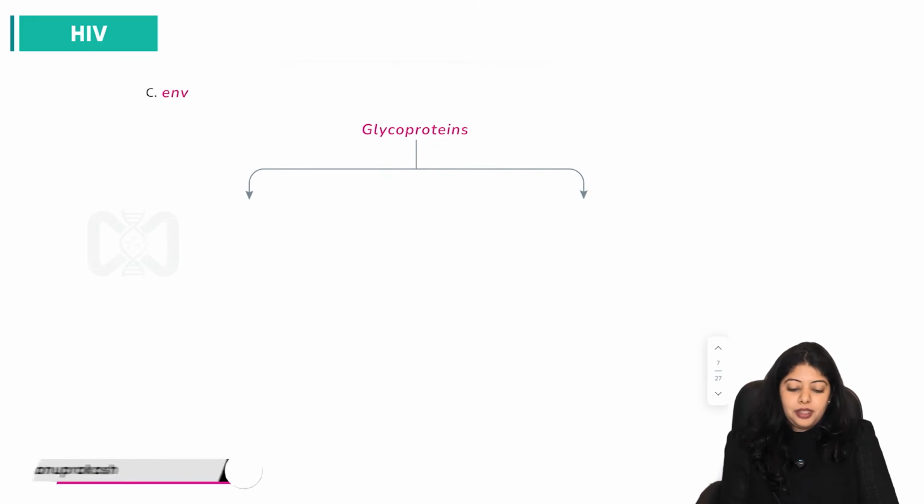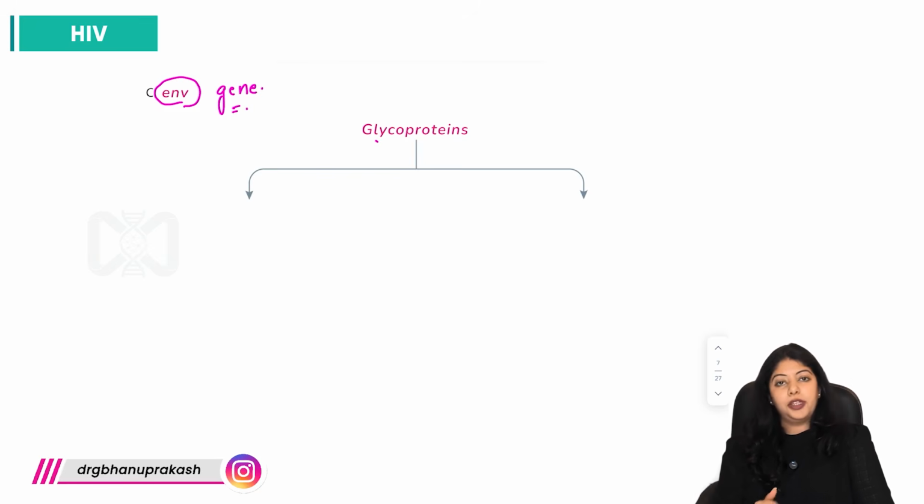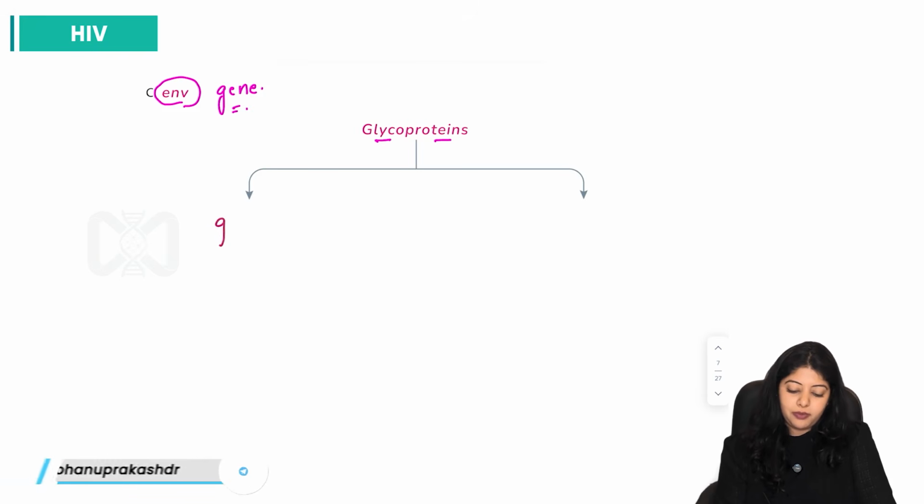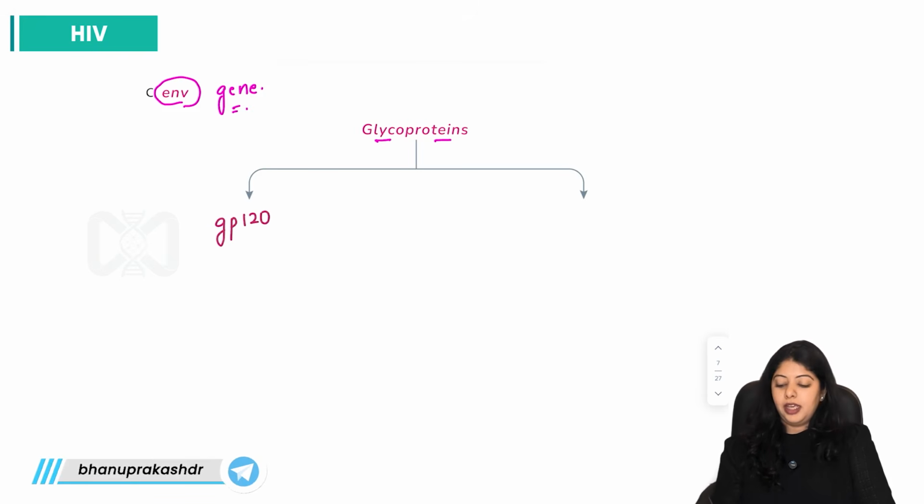Now next comes the Env gene, whose major part we have already covered. It codes for the glycoproteins. And what are these glycoproteins? Very famous ones, GP120 and GP41.